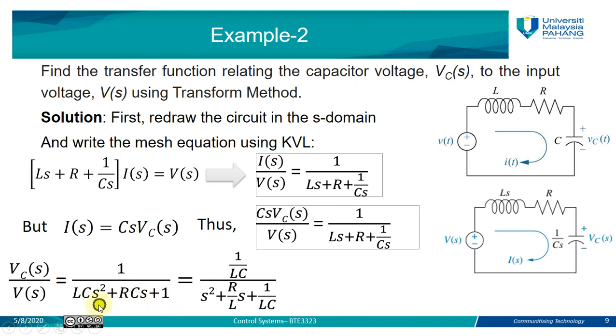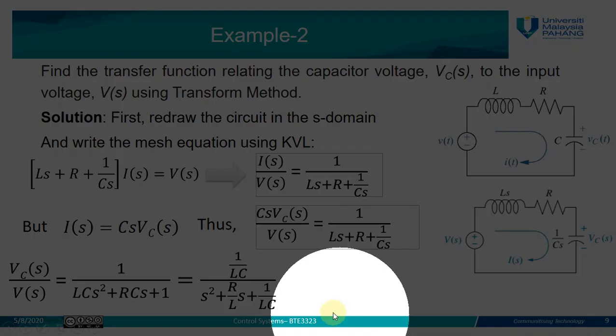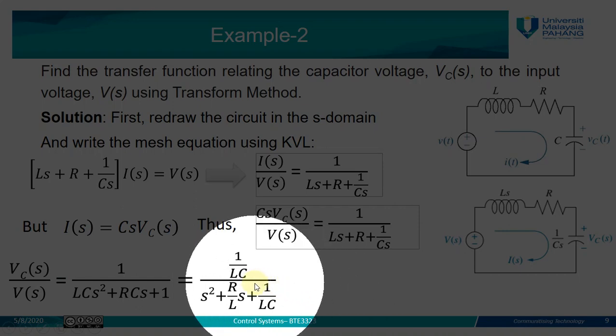Now we are going to divide the numerator and denominator by LC. Both will be divided by LC, so it becomes 1 over LC over s squared plus R over L s plus 1 over LC. And this transfer function is the same as the transfer function that we got in the previous example, example 1.